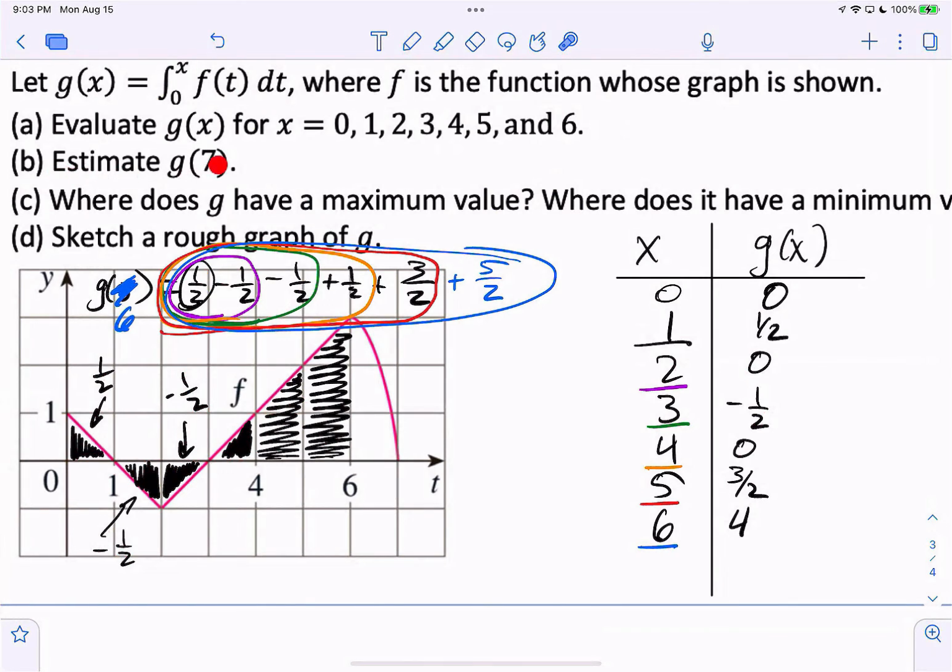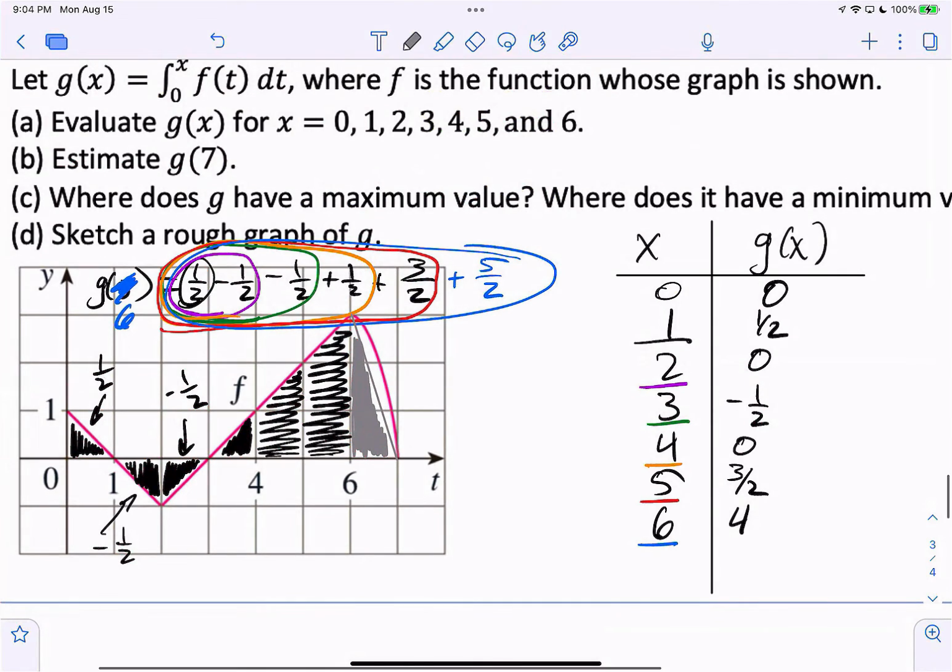Now we're asked to estimate g of 7. The reason it's an estimate is because it's kind of curvy over here, so we have to guess. I've drawn a line that goes from the peak of g of 6 down to the point 7, 0, because that is a triangle, and that's easy to work with. The triangle has a base of 1 and a height of 3, so 1/2 base times height is 3/2.